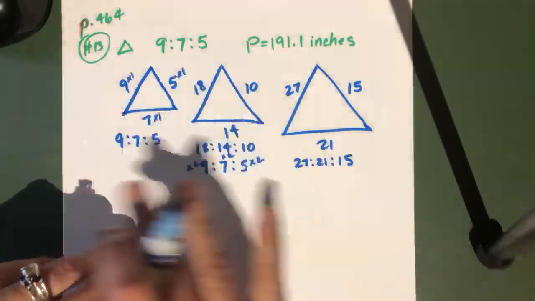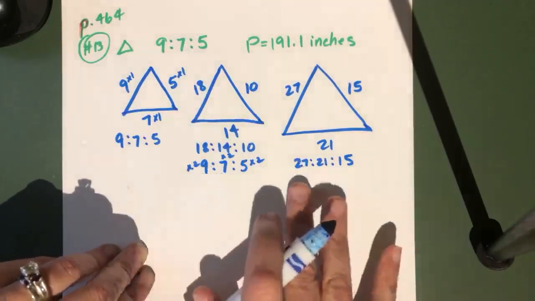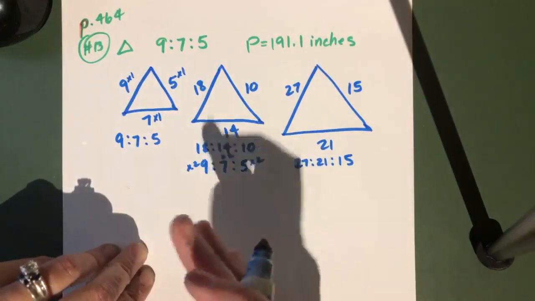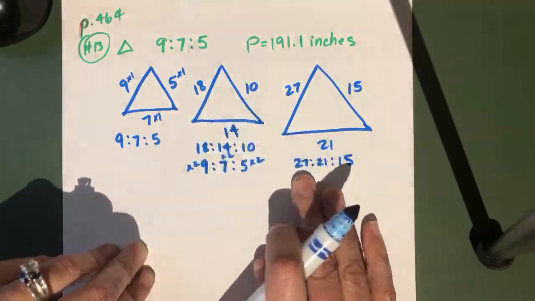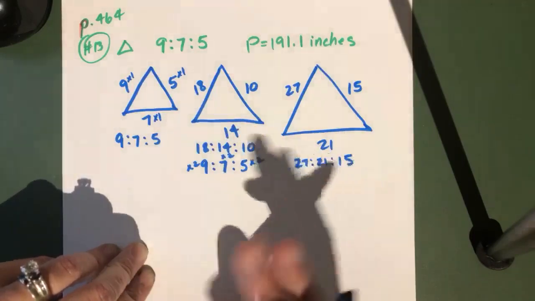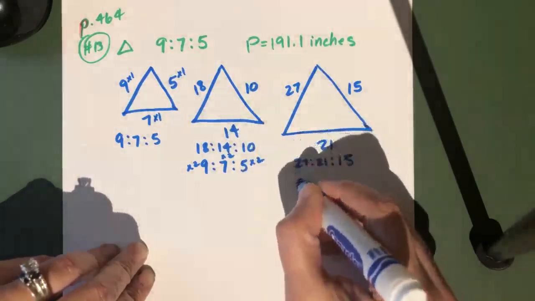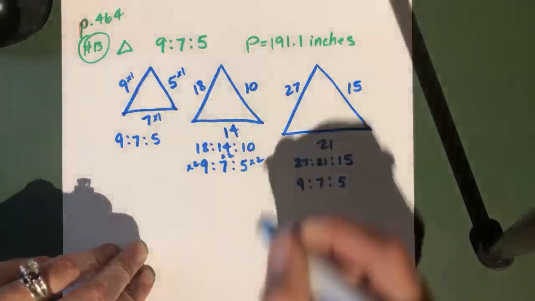Now, this is not what you have to do for number 13. I'm going to show you the solution in just a second, but this is to show you why we do what we do for number 13. I just wanted to show you a little back story, or a little back calculation on it. So if I reduce this ratio, what can all of these be divided by? 3, right? Just like simplifying a fraction. So this reduces to what? You guessed it, a 9 to 7 to 5 ratio.